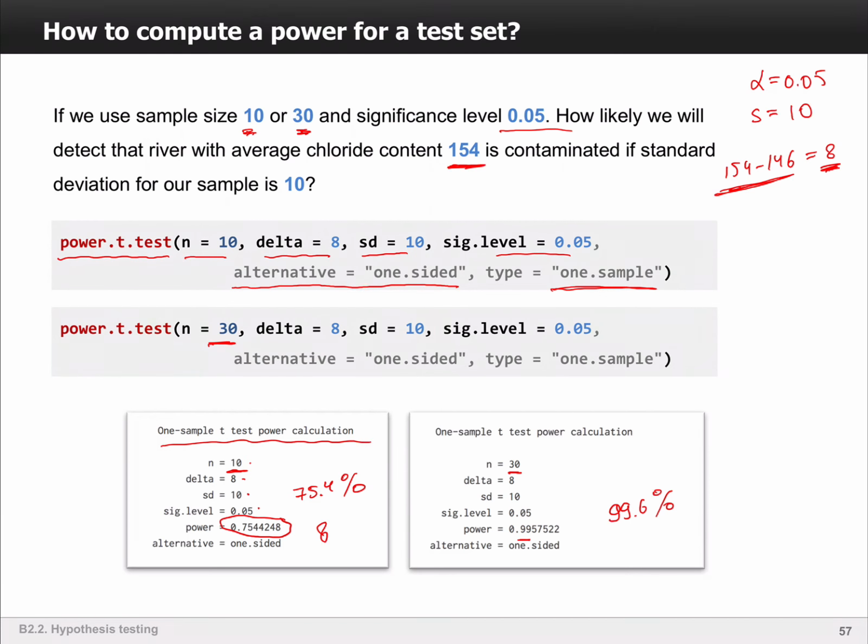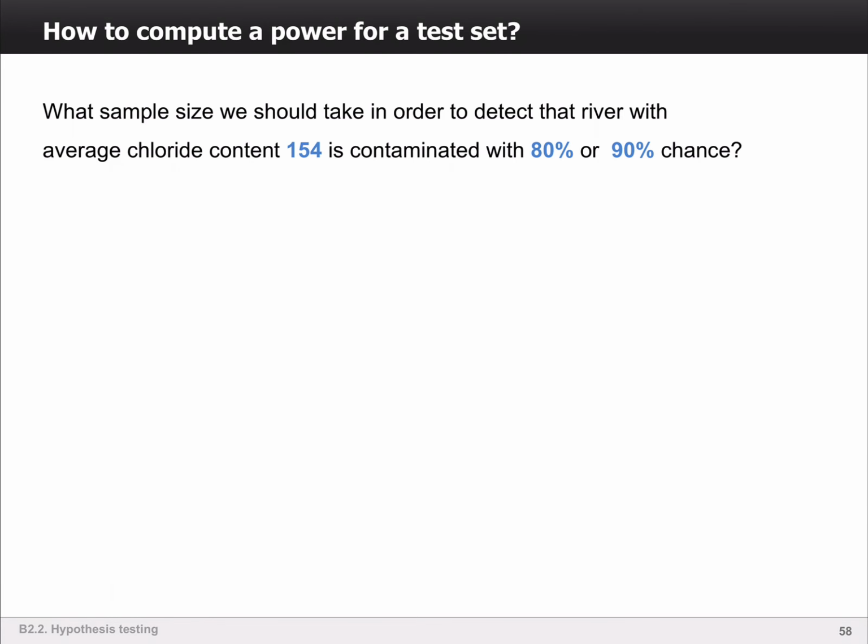Okay. Now, let me show you another example. In this case, we don't know the sample size. We want to find it, but we know the desirable power. So the power should be 80% or 90%. It means that the chance to see the contamination, to see this effect, should be either 80 or 90%. And we keep the size of effect the same. It's 8.